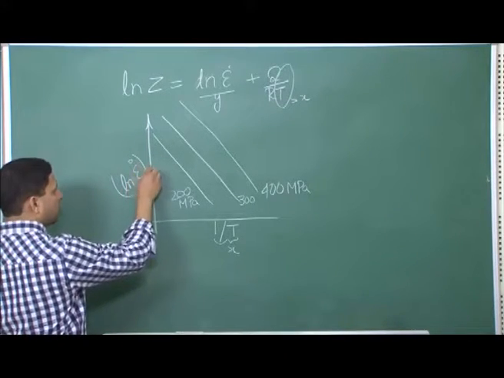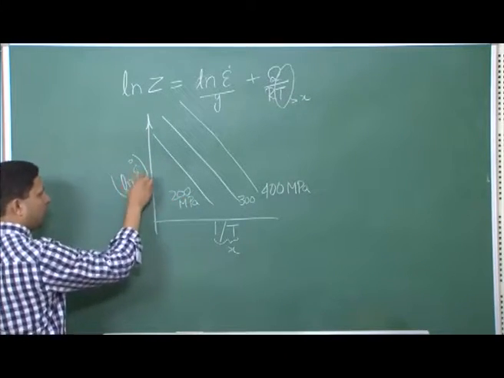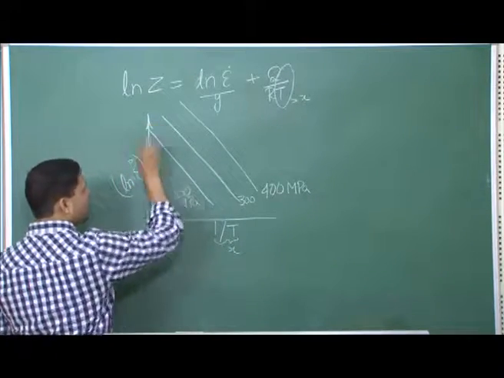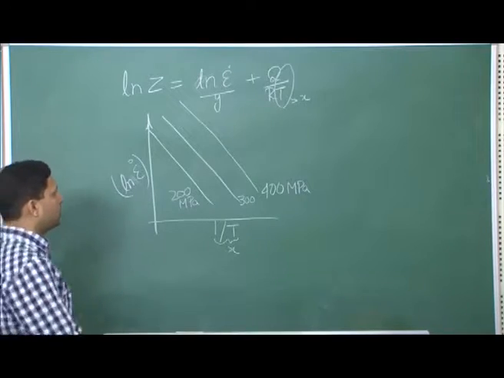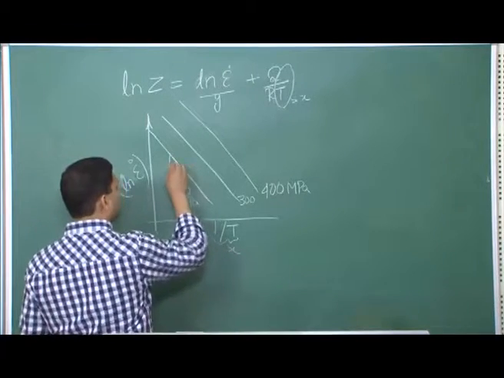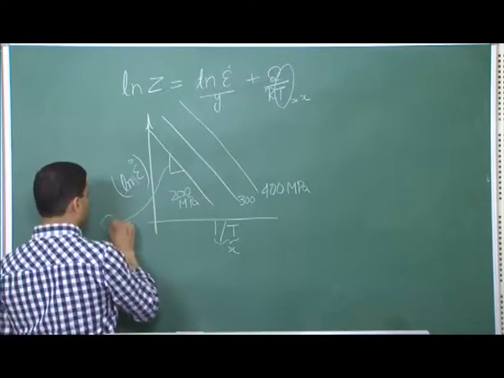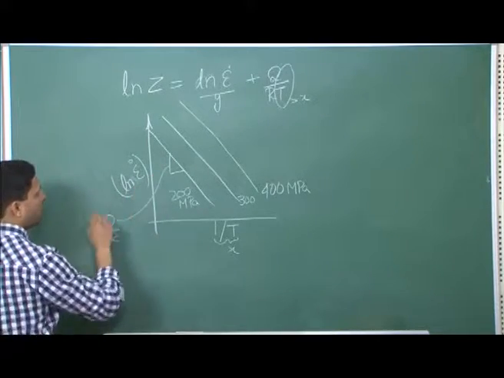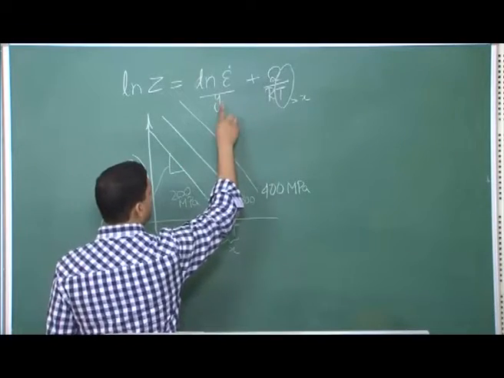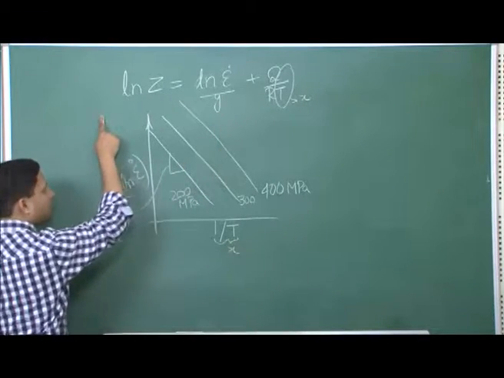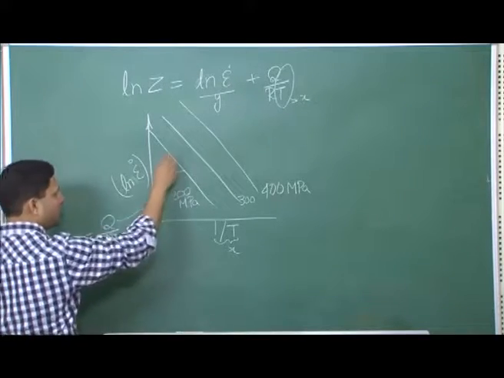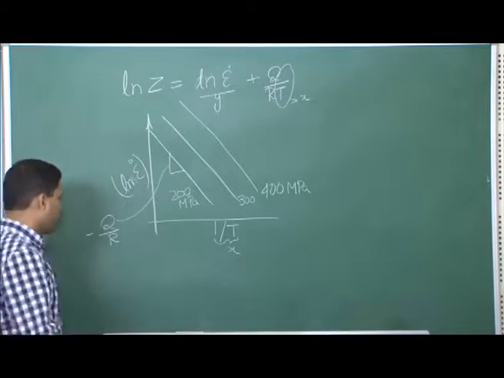So, this is your y axis, this is the x axis, and since this is your slope, the slope would give you the value of Q over R. Actually, it will be minus Q over R because y is over here. So, you will take this on the other side, and therefore it is minus Q over R, and that is why you see the slope is negative.